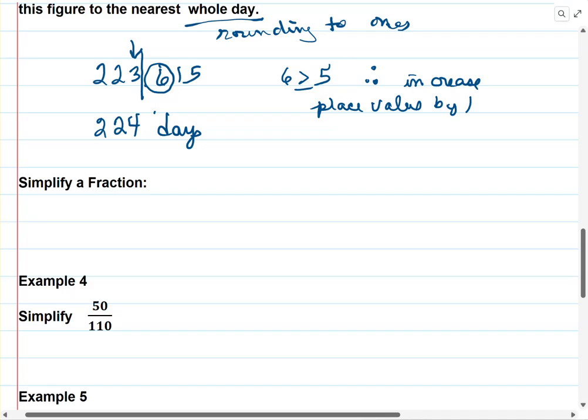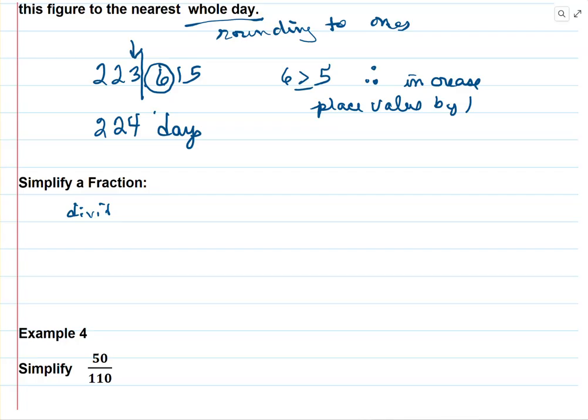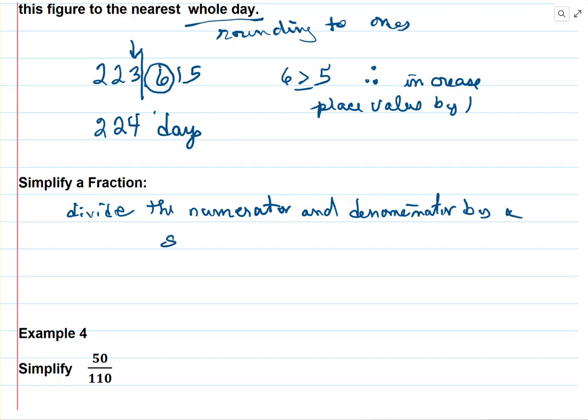Okay, we're now getting to simplifying fractions. And this is probably the area that's given you the most hardship. And we're going to make it simple. Simplifying means to divide the numerator and denominator by a shared factor.